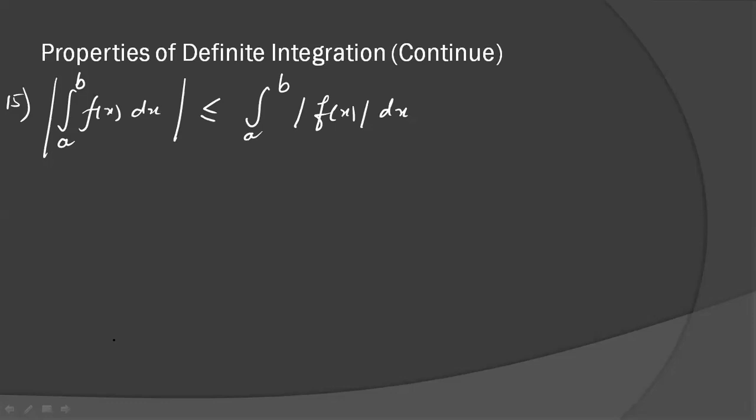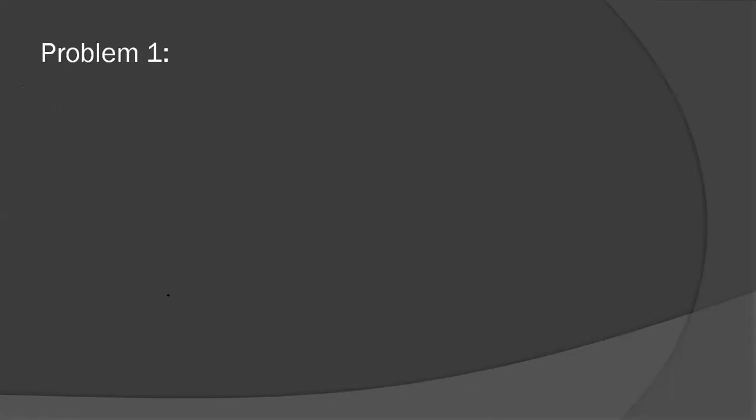Let's see some example based on the greatest integer function. What is the integration of 0 to 2 pi greatest integer of sin x dx? We know that the greatest integer function is not continuous and not differentiable at integers.